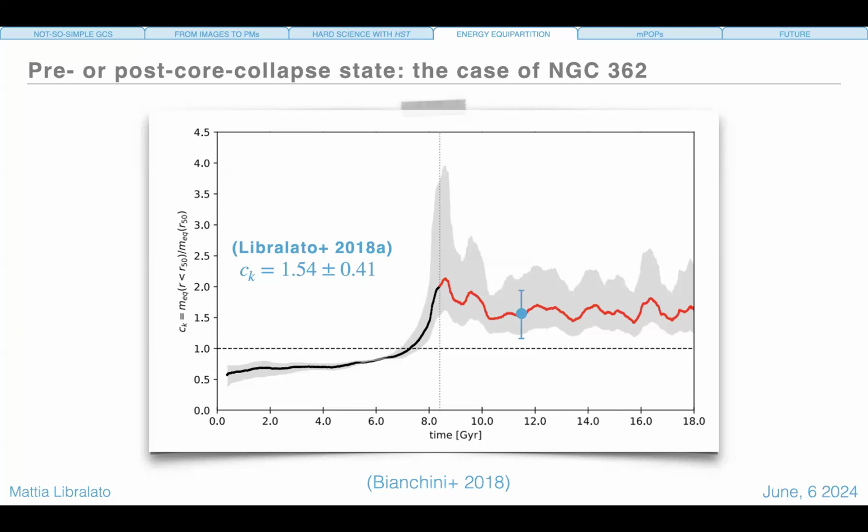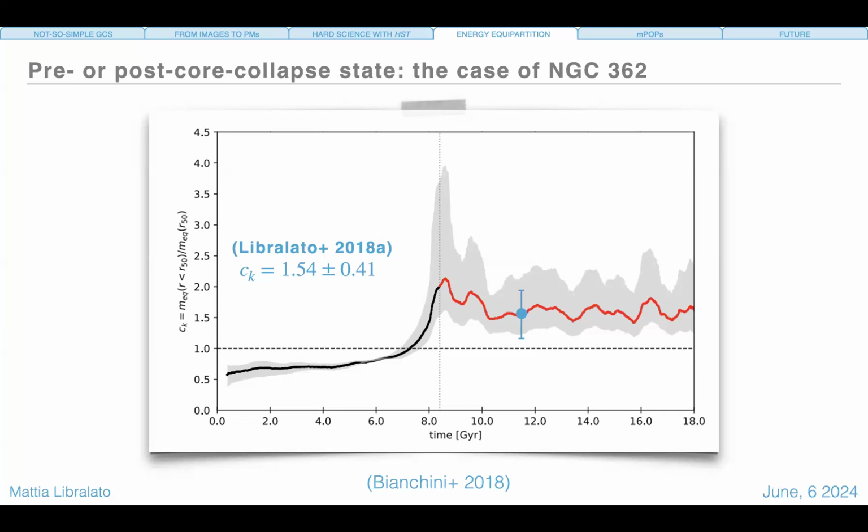So here in this plot, you see this CK parameter as it changes. The collapse happens here at 8 gigayears, where there is this vertical line. So you see this parameter is almost constant and below 1. When the collapse starts, it increases, reaches a peak, and then decreases a bit and stabilizes, oscillating a bit. So we measured this for NGC 362 and found this point right here.